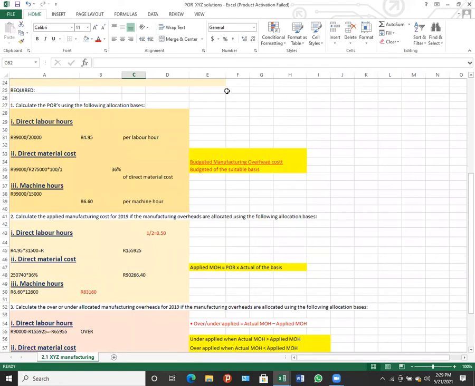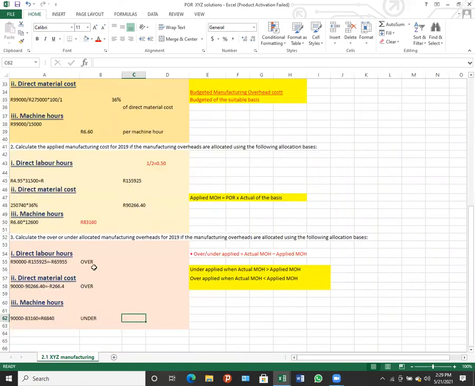Now we are going to use our under and over applied to adjust our cost of sales, because these answers are the ones we are going to adjust in our cost of sales. Remember, let me give you clarity: over applied is going to reduce your cost of sales, and under applied is going to increase your cost of sales.